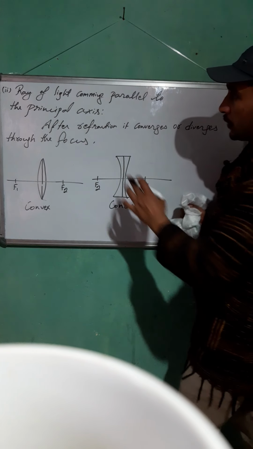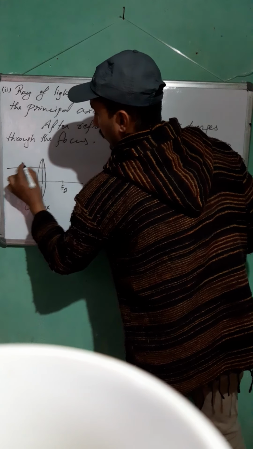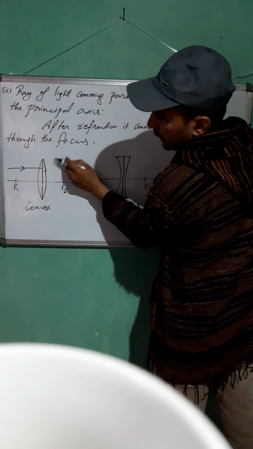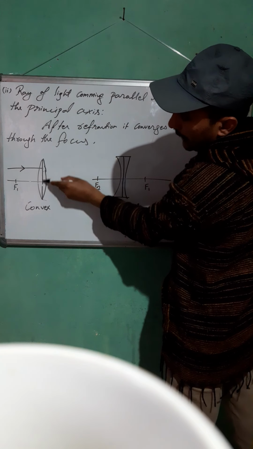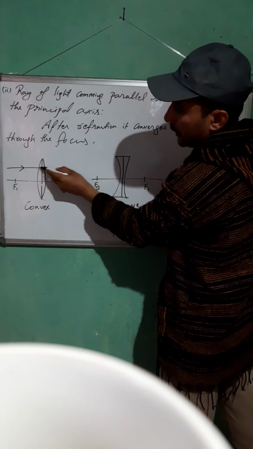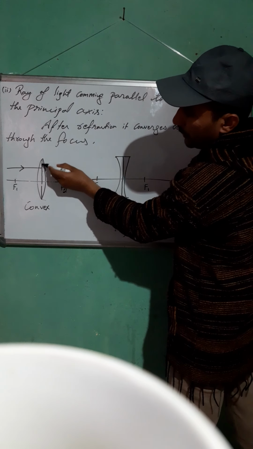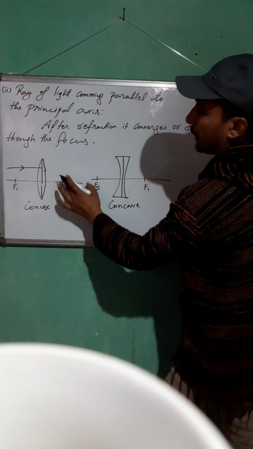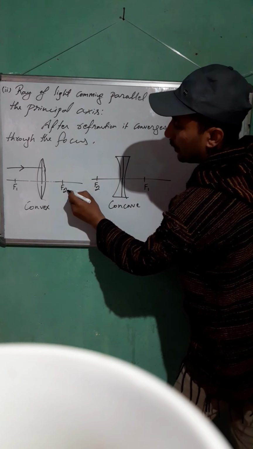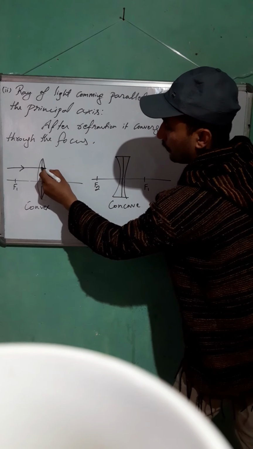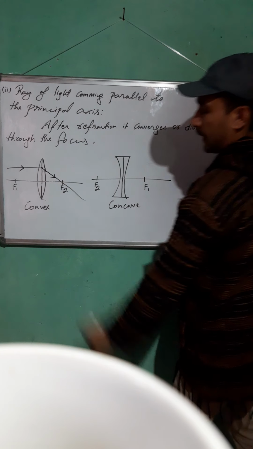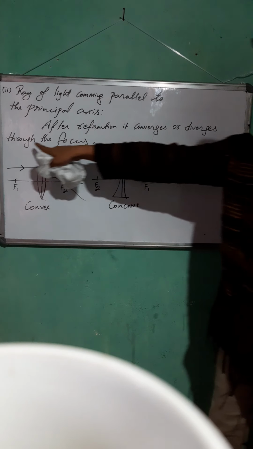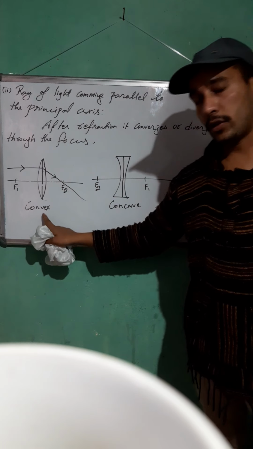So a ray of light coming parallel to the principal axis like this should strike the middle line, not here and not here. After refraction, it passes through the focus, this one F2. So after refraction, it converges through the focus in case of a convex lens.